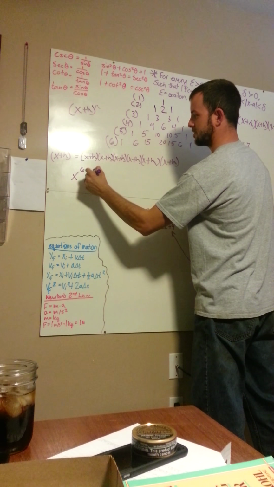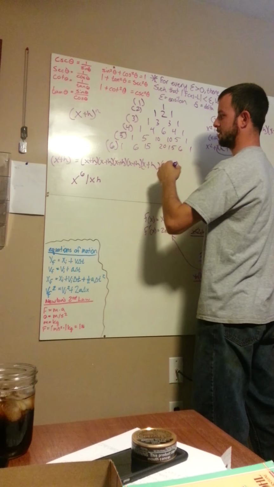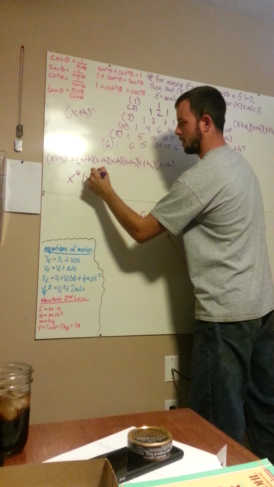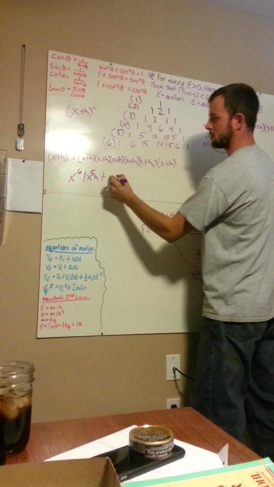X to your nth term. Your first coefficient is going to be 1, x to the 6, h to the 0, and you're going to start at 6, 5, and come back the other direction.